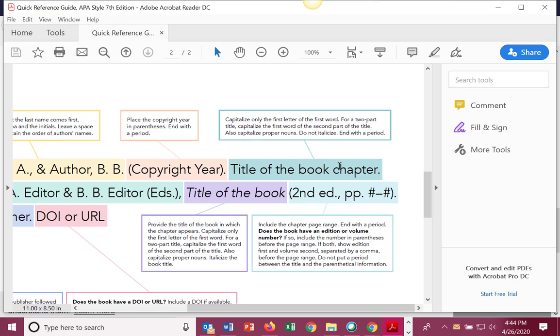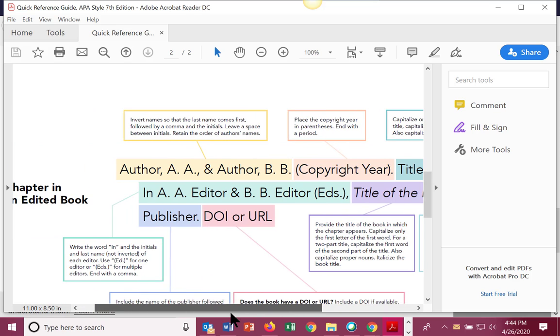And again, this ends with a period. Then you put the word In, then you give the editors' initials and last name, with Ed. in parentheses. Because this is not in the main part here, the editors go initials, last name, and then Eds. after, or Ed. after the final one.